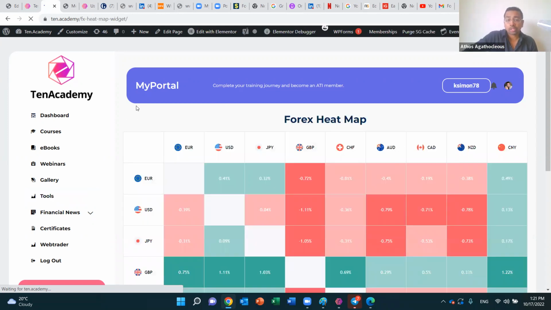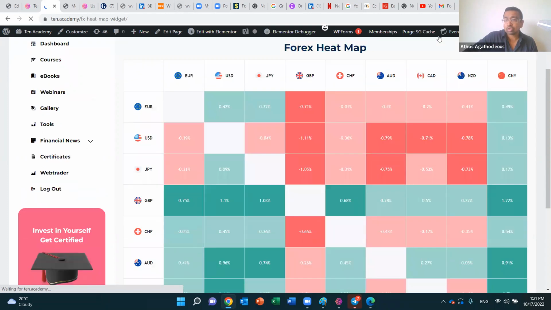Now, this is where I would like to explain a little bit. It's quite easy or simple to use in terms of the Forex heat map. But what you would need to do is to focus on the currencies on the left, not the one at the top. So if we were to look at all GBP crosses, we'll start off with GBP on the left panel, like here, and then look across or view it horizontally.